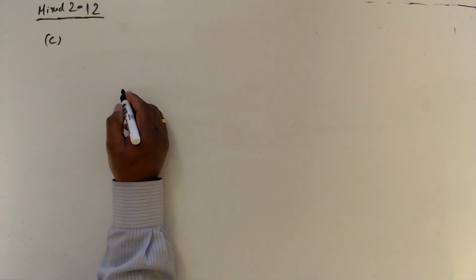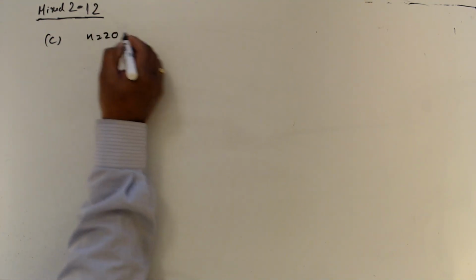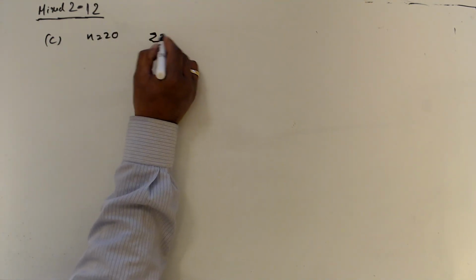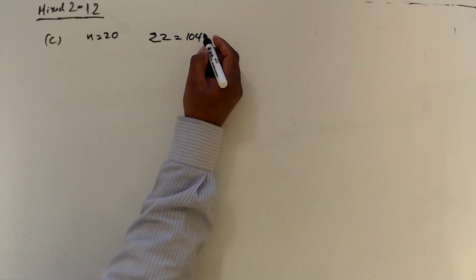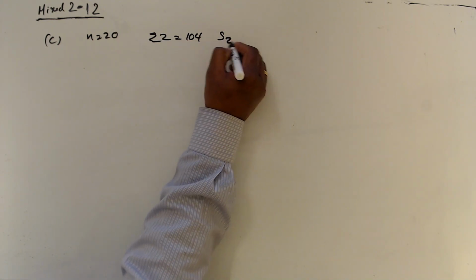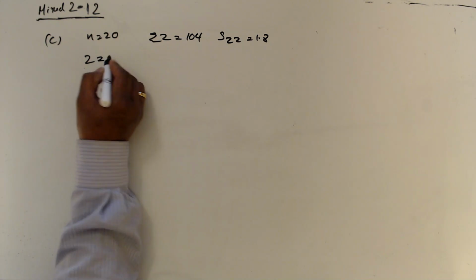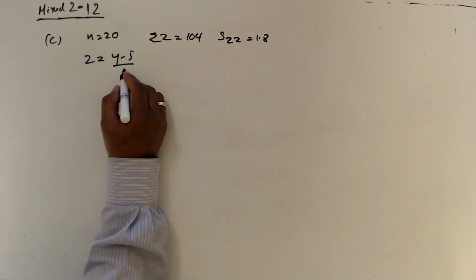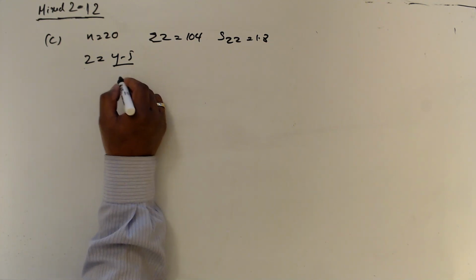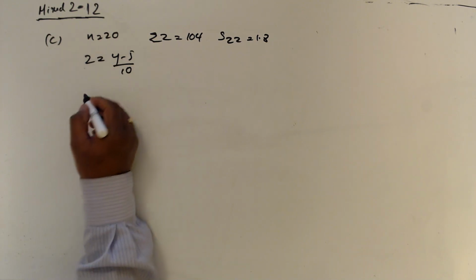Part C. It's a different sum, it looks like. Again n equals 20. Summation z is equal to 104 and Szz is 1.8, and the coded data is z equals y minus 5 over 10. We'll work out the z bar.